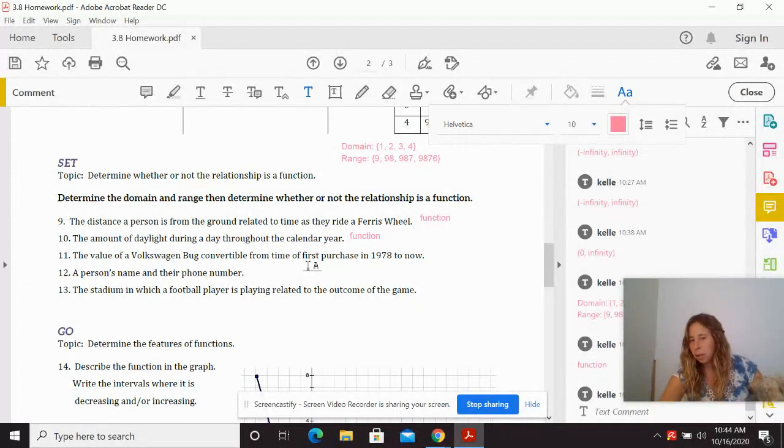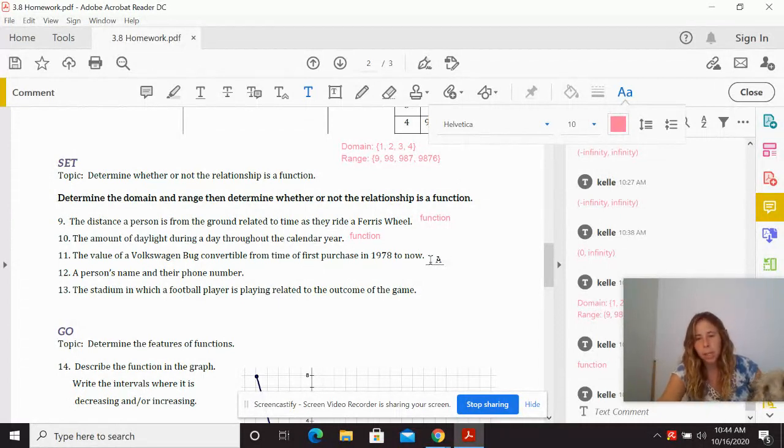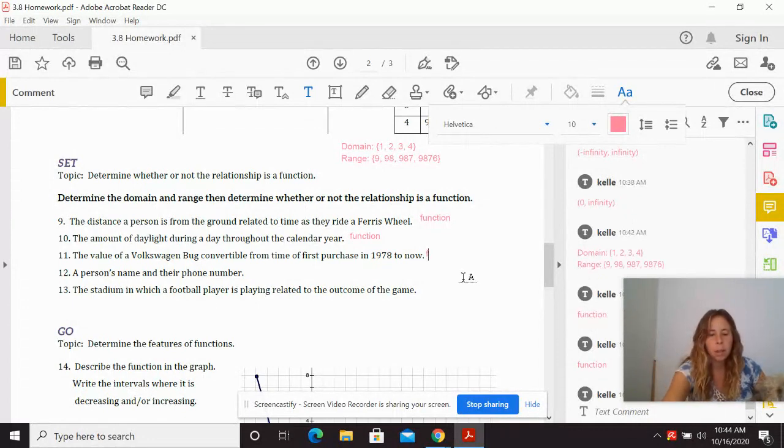I don't know enough about cars, but the value is either going to be going up or down based on how much time has passed. So as more time passes, the value of the car is going to change. So it is a function. I could graph that and it would be a function.